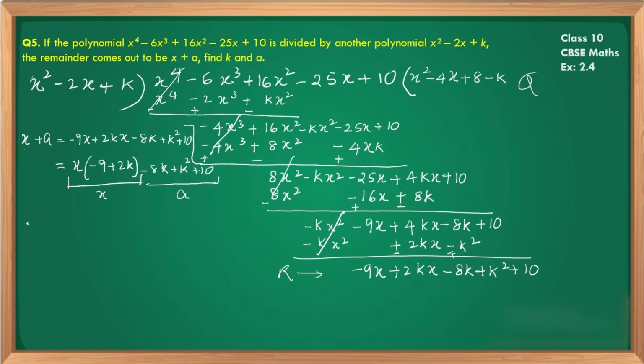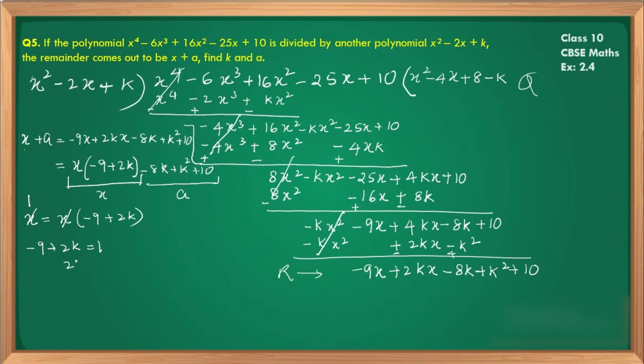Therefore what we write here, x is equal to x into minus 9 plus 2k. First we do this, then go to the second. Now this x gets cancelled with this. Here we have only 1. Therefore 1 is equal to this. Then we can rewrite this way, minus 9 plus 2k is equal to 1. We only interchange the sides.